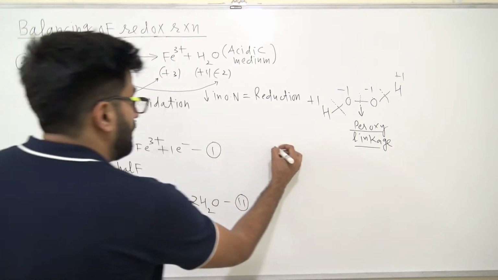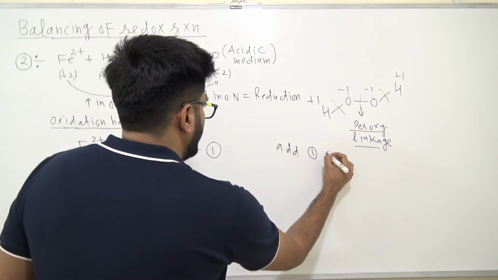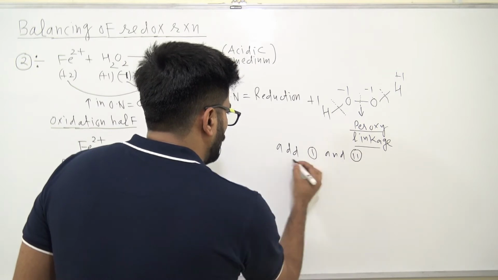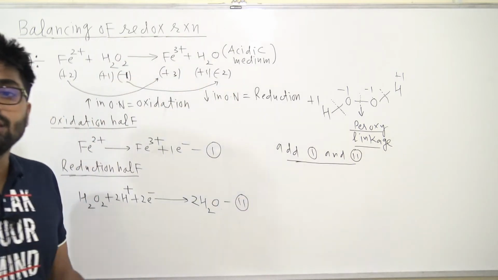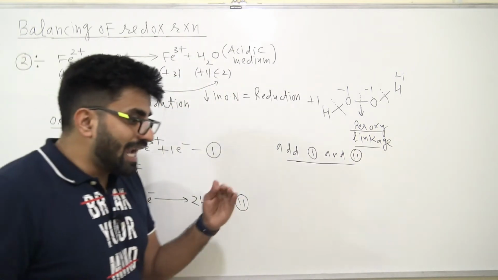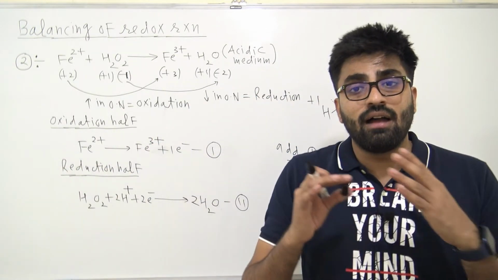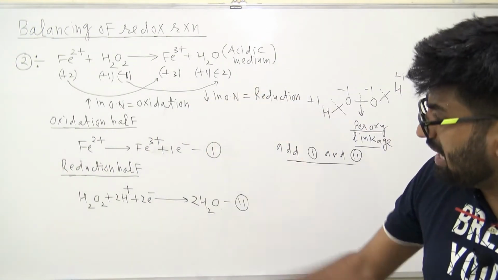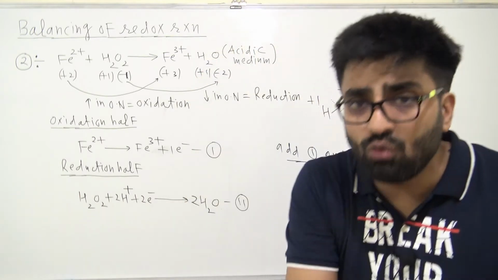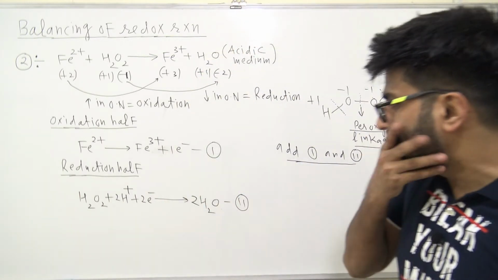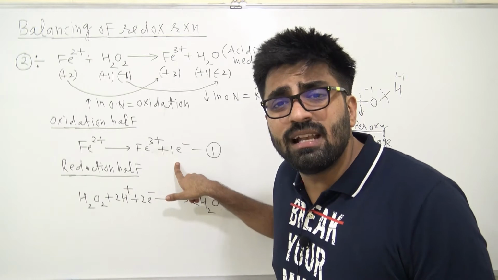In the end, we need to add 1 and 2. When adding the oxidation half and the reduction half, make sure that the electrons get cancelled out. It has 2 electrons, and it has 1 electron. Not a big deal.